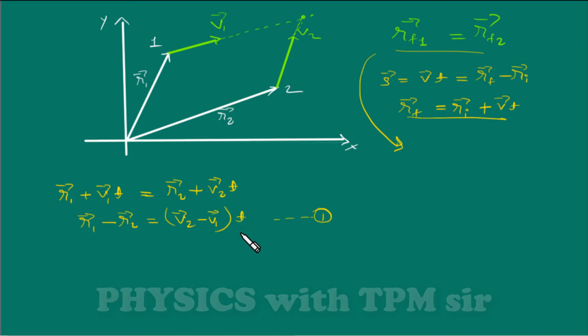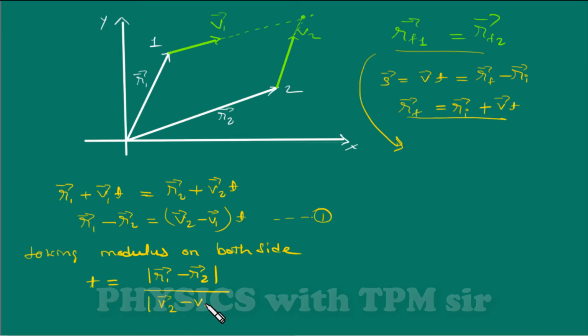Now here t is a scalar quantity. We just need the value of t. So what we can do is take modulus on both sides. Taking modulus on both sides, we will get t is equal to modulus of (r1 minus r2) divided by modulus of (v2 minus v1), right? This is t. Let's put this t in equation 1.